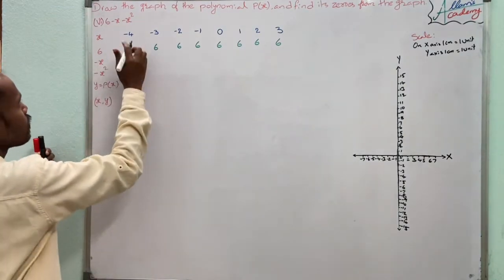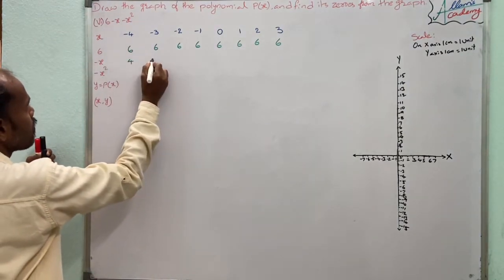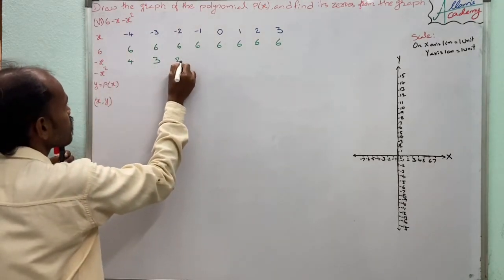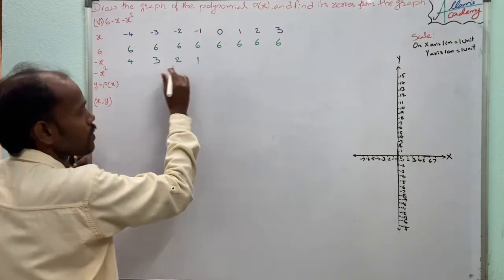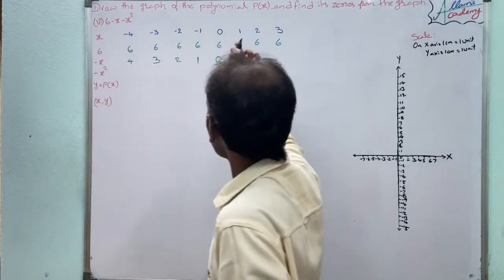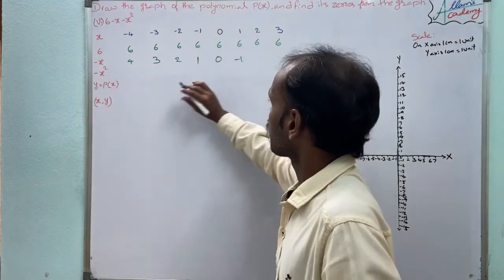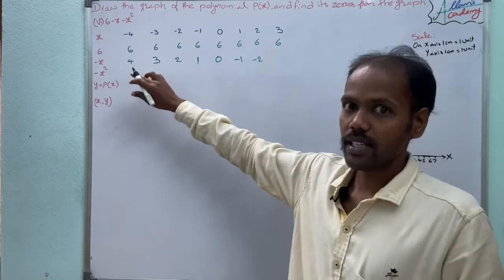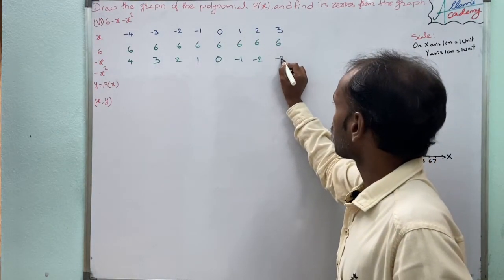So minus of minus 4 means plus 4, minus of minus 3 is plus 3, minus of minus 2 is plus 2, minus of minus 1 is plus 1, minus of 0 is 0 only. So minus of 1 is minus 1, minus of 2 is minus 2, minus of 3 is minus 3.